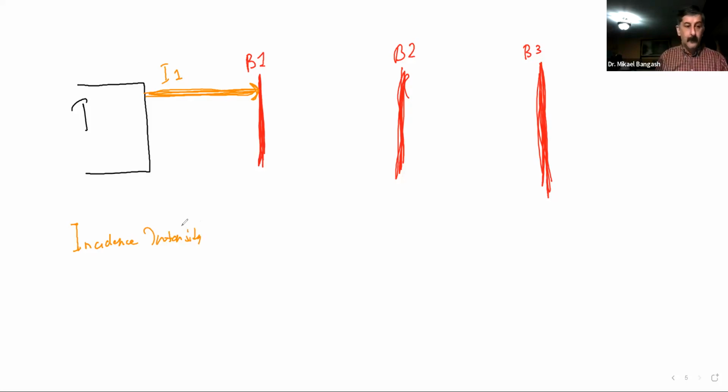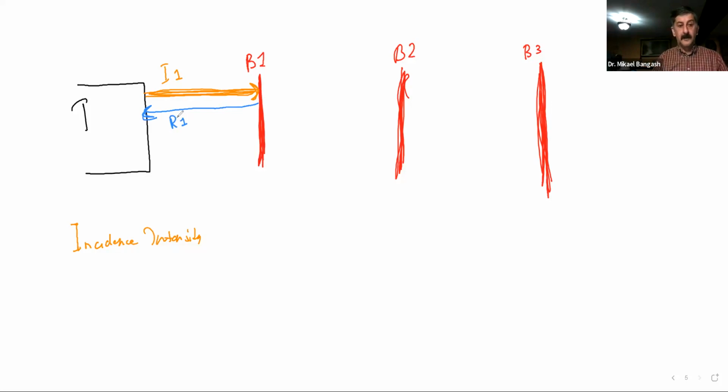Clear? Now, as this incidence hits the boundary, a certain amount of the energy carried by the incidence is going to get reflected. So this is going to be our first reflection, for instance.